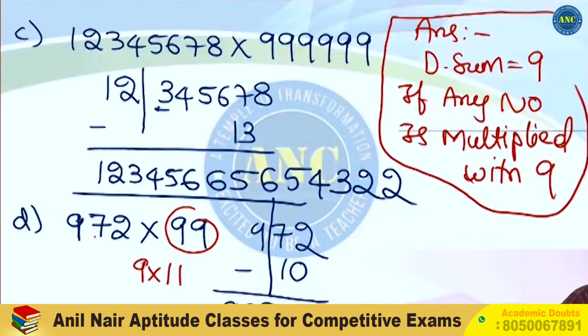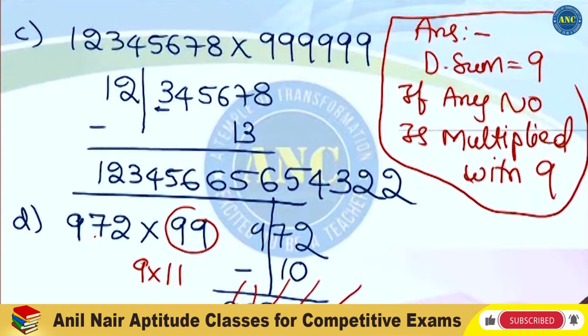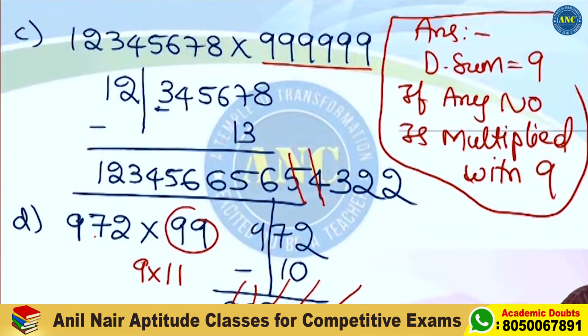If you multiply any number by 9, into this one, right? So the answer digital sum will be 9. 6 plus 2, 8. 8 plus 2, 10. 10 plus 8, 18. 1 plus 8, 9. This is a multiple of 9. The answer digital sum should be 9. 5 plus 4, 9. 3 plus 4 plus 2, 9.